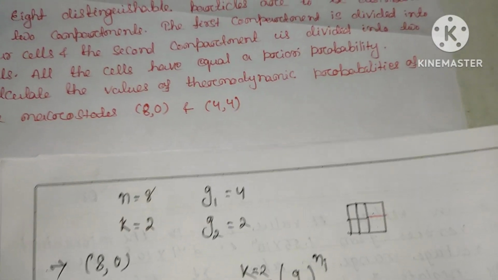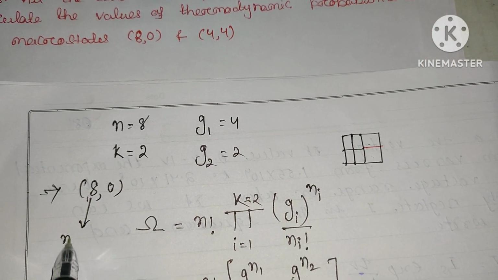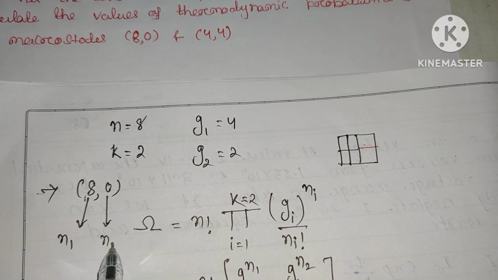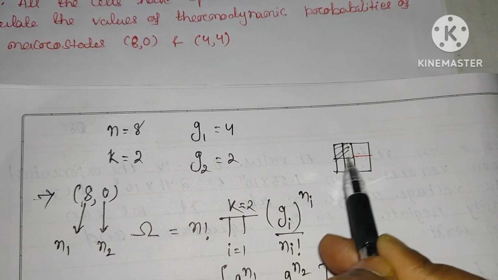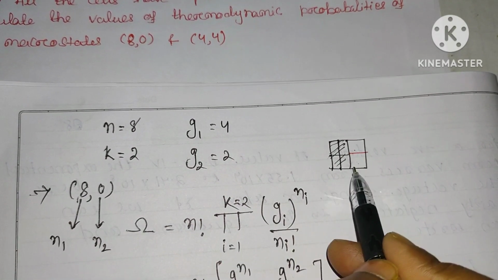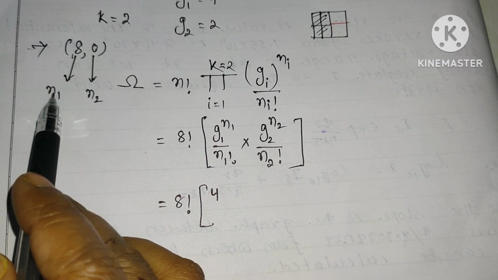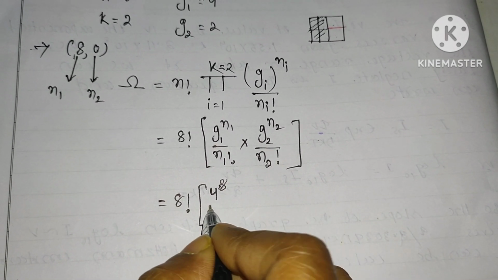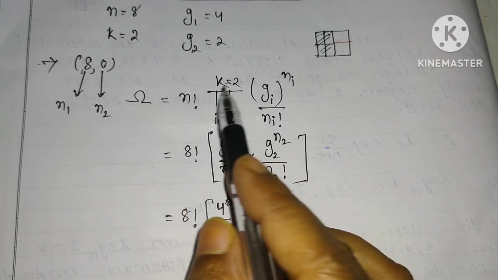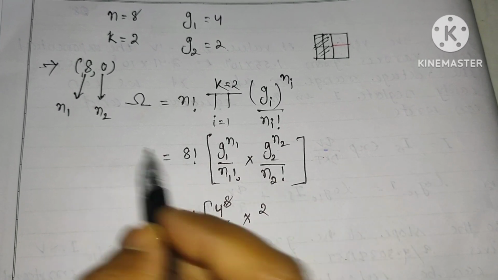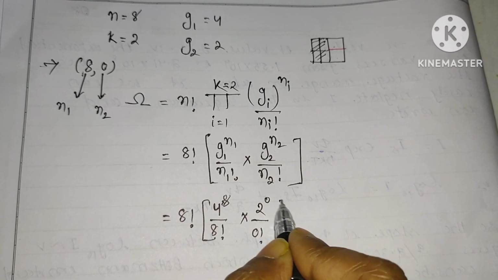So we have to calculate the thermodynamic probability for the macrostate 8, 0. Here 8 is n1 and 0 is n2. So there are 8 particles in the first compartment, the total in the first compartment, and there will be no particles in the second compartment. So this is 4 power n1, which is 8, divided by n1 factorial, 8 factorial, into g2, which is 2, power n2, which is 0, divided by 0 factorial.